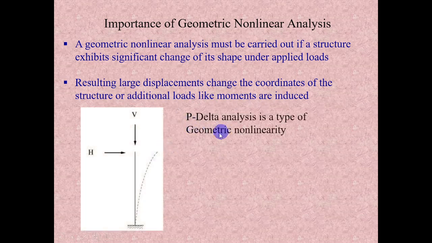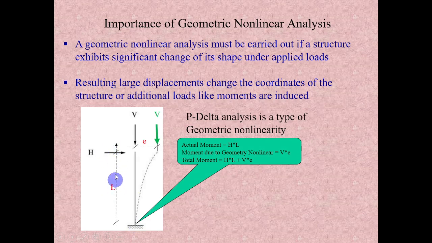The P-delta analysis is one type of geometric nonlinearity. If you see here, the horizontal load H is applied at this level and the vertical load V is applied here. Due to the combined effect of this loading, the structure will deform as shown by the dashed line. So H acts over a height L, and the top is deformed by a small distance e.